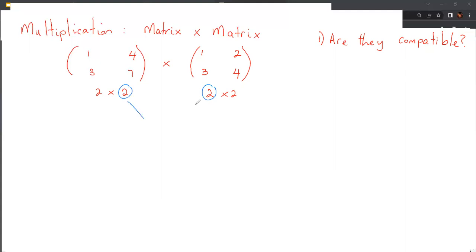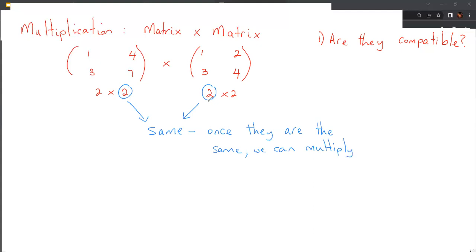Right, so these two must be the same. Once they are the same, you could multiply them. If they are not the same, you cannot multiply them. That's a rule. Right, so once they are the same, we can multiply them.